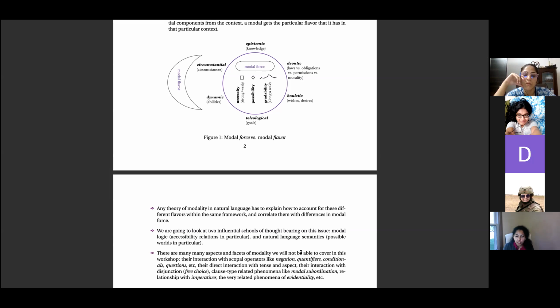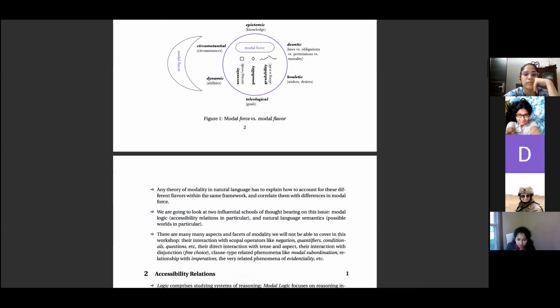Then there is the very related phenomenon of evidentiality, which, as Sakshi told you, my dissertation was on, but I will not be able to talk about that today and tomorrow. If I'm losing any interested parties, I'm sorry about that. But I'm going to discuss a more fundamental question, so that it's more of an introductory primer on modality. These are more advanced topics once you have this in your knowledge base.